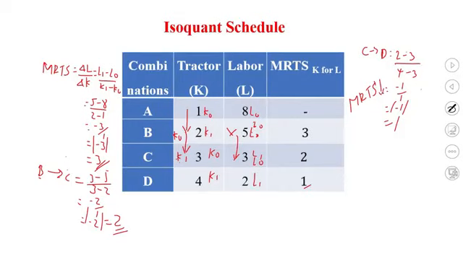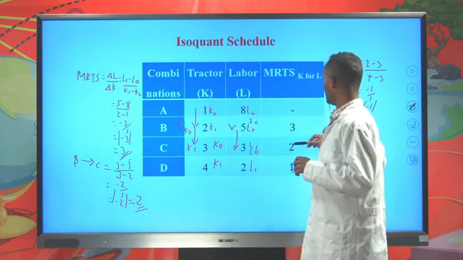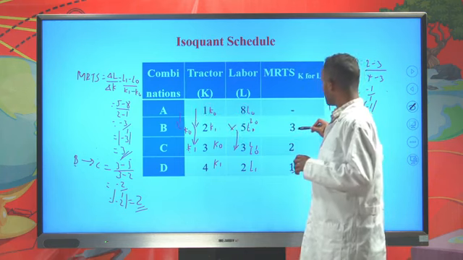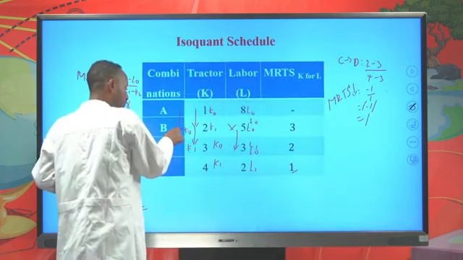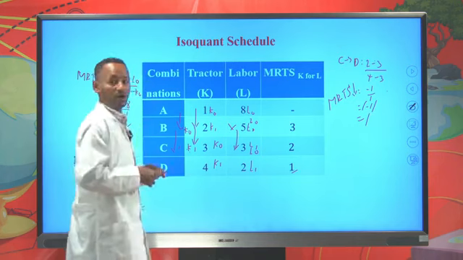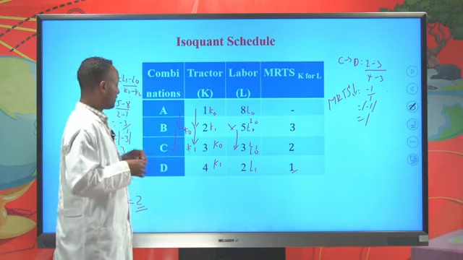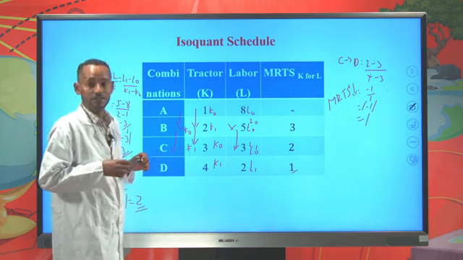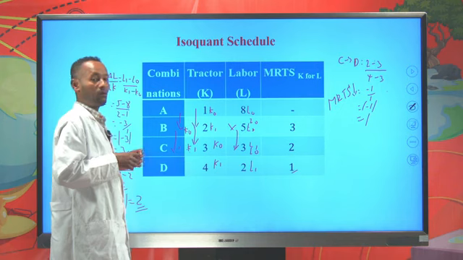For example, as we come across from combination A to combination B, we are substituting one tractor for 3 labor. When we come across from combination B to C, we are substituting one tractor for 2 labor. And finally, when we come across from combination C to D, we are substituting one tractor for 1 labor.